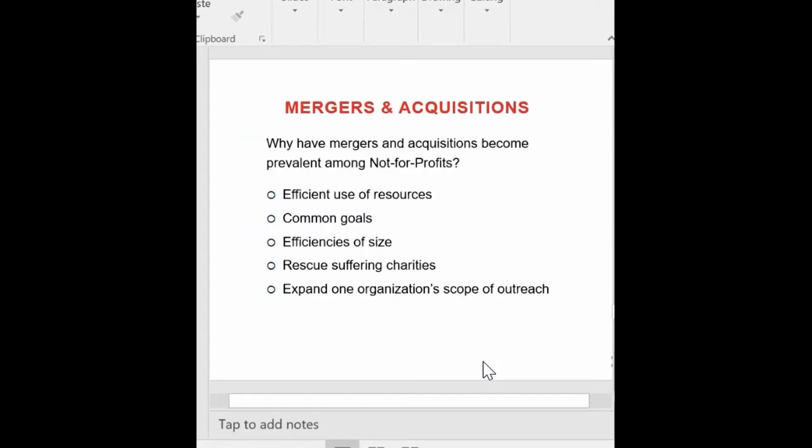Now we will see some concepts in the context of merger and acquisition. Merger and acquisition is very popular and prevalent in the world of not-for-profit entities, and there are several reasons, most of which are common with for-profit businesses.